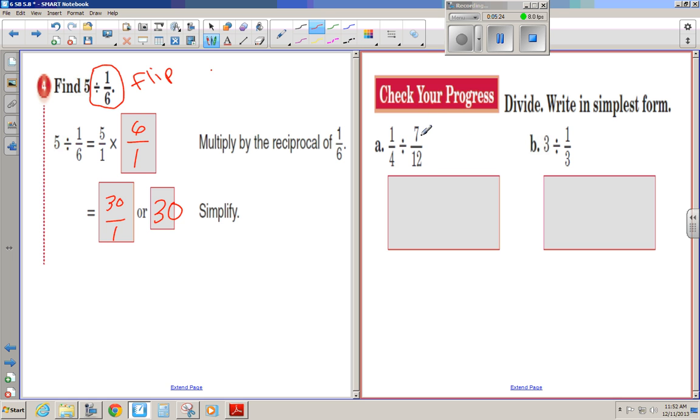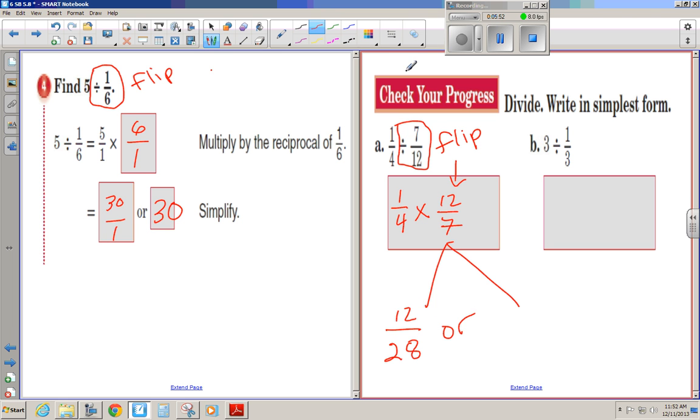Here is a check your progress. 1/4 divided by 7/12. A division by a fraction, you flip. So it should be 1/4 times the flip, 12/7. And this is where you have two ways of doing it. 1 times 12 is 12, 4 times 7 is 28.